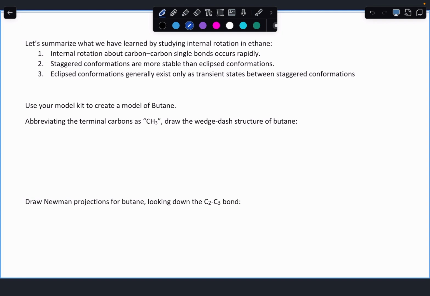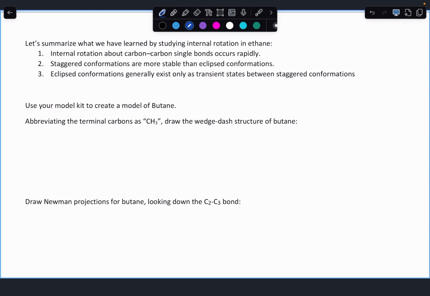Okay, so I've got a 4-carbon chain here. Let's look at it the way we typically look at butane. So I've got 1, 2, 3, 4. Now we're going to look down the center carbon-to-carbon bond. So we have 4 carbon-to-carbon bonds here.